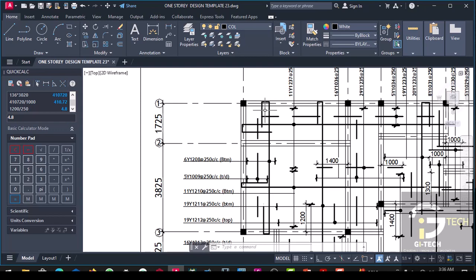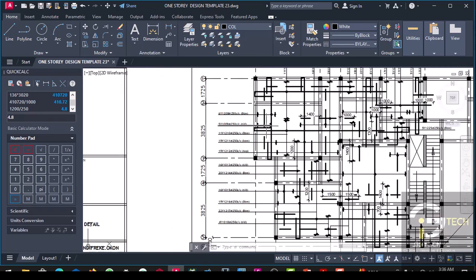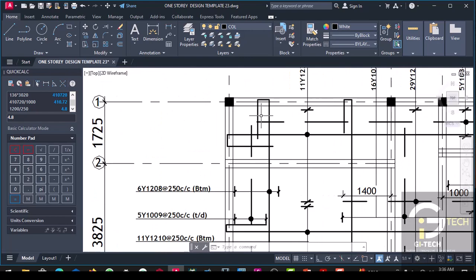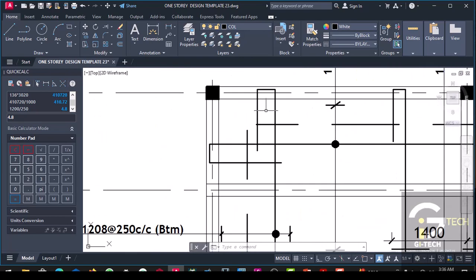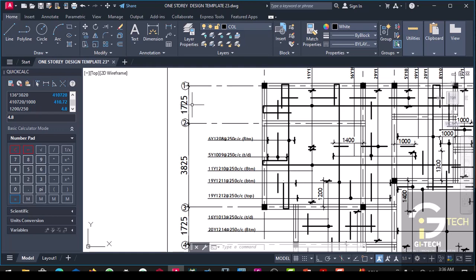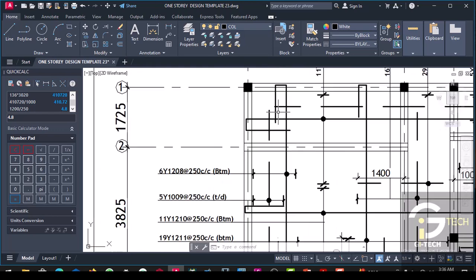So what I personally do with my wealth of experience in structural design and construction, once I look at the span as it is now, for instance, if you multiply 1725 by 0.15, you will have about 225 something.